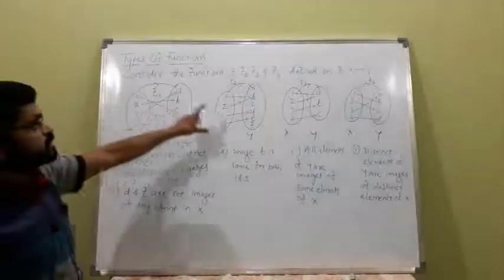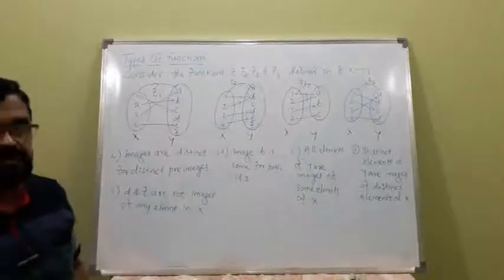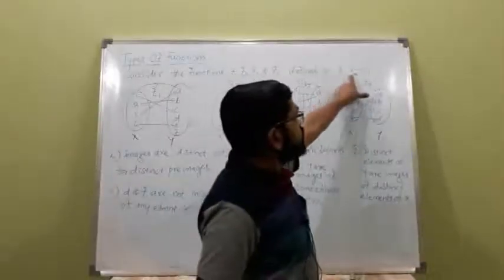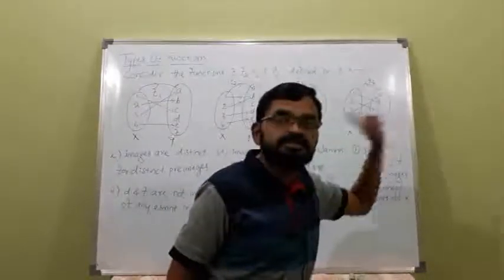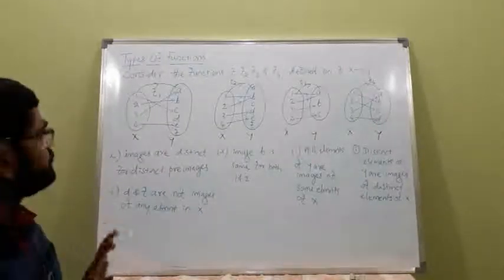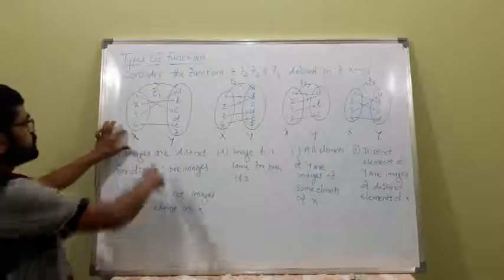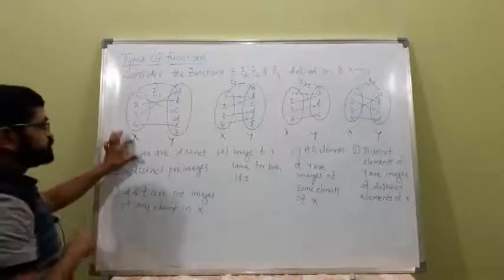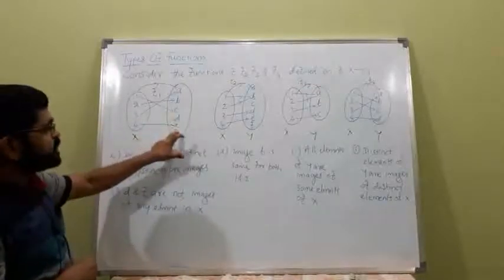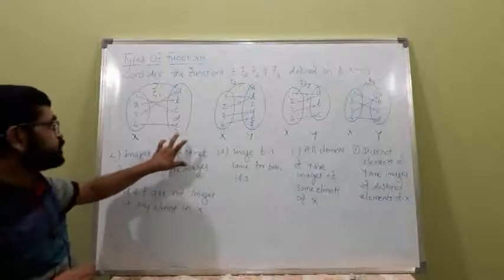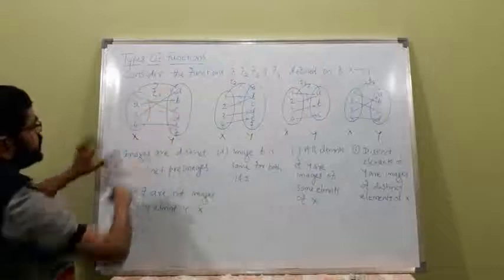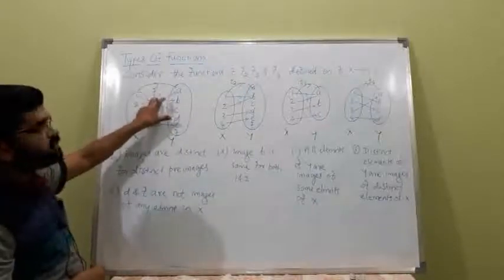Consider the functions. Let us consider four functions: f1, f2, f3 and f4, defined from X to Y. X is the domain, Y is the codomain. Consider the first one: 1, 2, 3, 4 are the elements of domain X, and A, B, C, D, E, F are the elements of codomain Y. The mapping from X to Y, suppose this is f1.